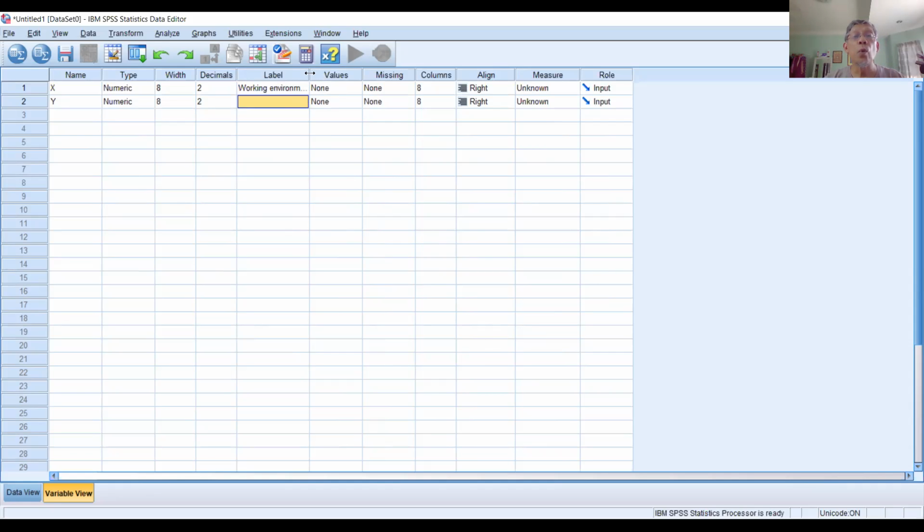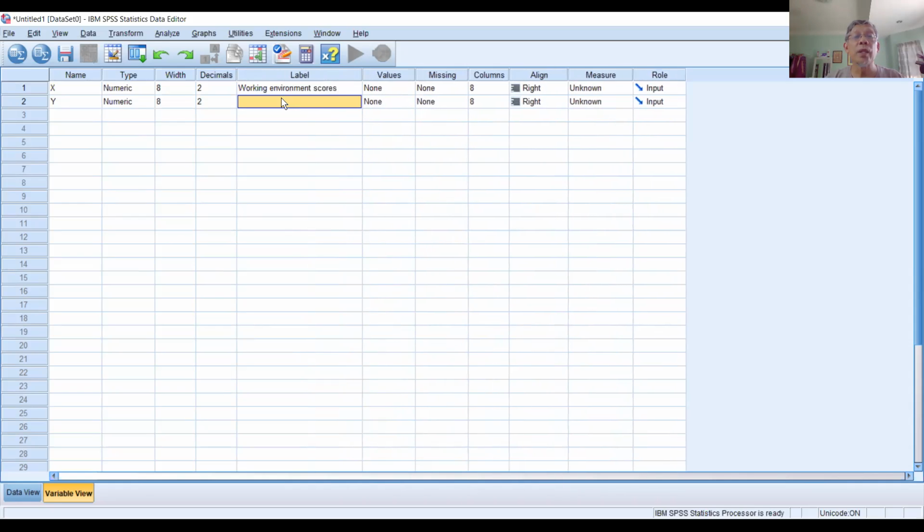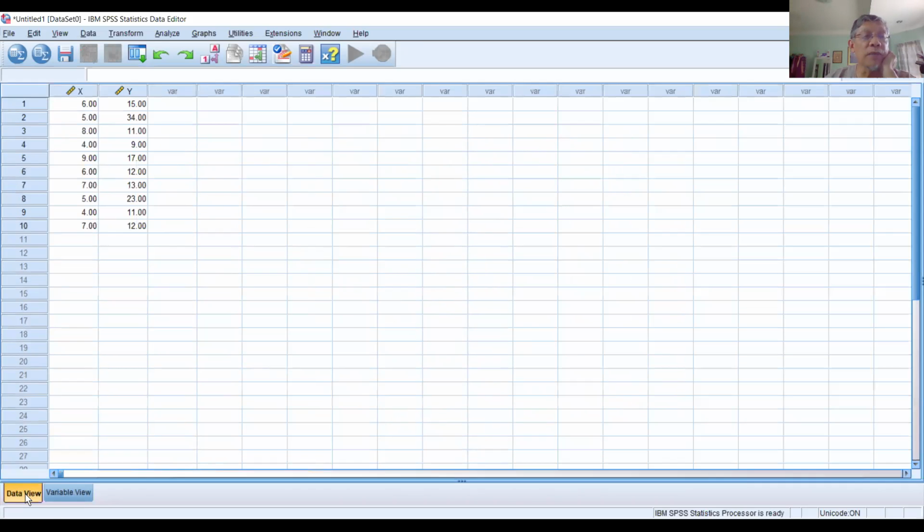Y is work commitment score. Okay, we have these 2 variables. Define the 2 variables, X and Y, and assign the label. Once you have assigned the label and name, click on data view, and then just enter this data set. We have 10 cases. Oh, wait. By right, we should have 12 cases.